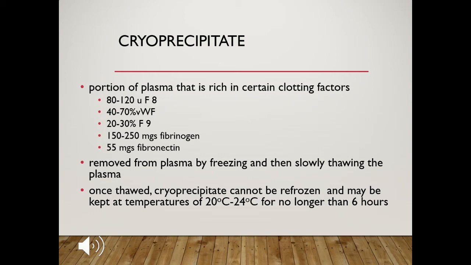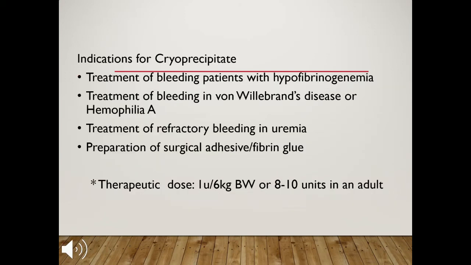And also sepsis, okay? Kasi nagde-decrease ang fibrinogen. It's removed from plasma by freezing and then slowly thawing the plasma. Once it's thawed, cryoprecipitate cannot be refrozen and may be kept at a temperature of 20 to 24 degrees Celsius for no longer than 6 hours.